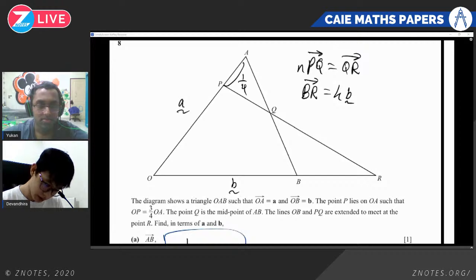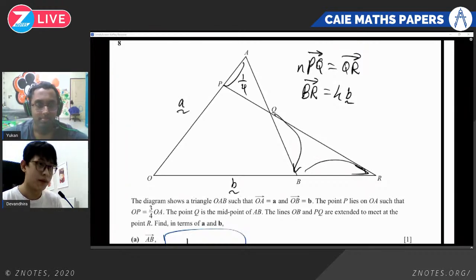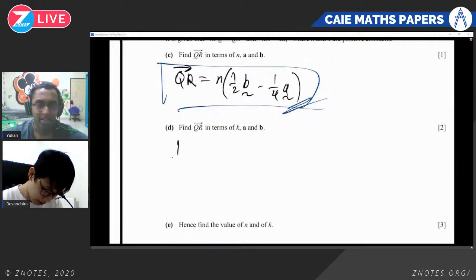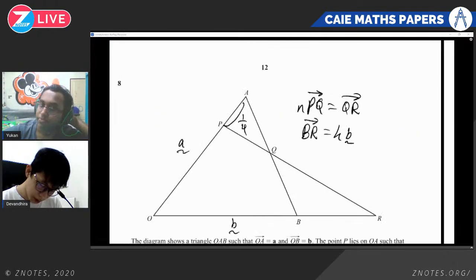So I can go from QB, then BR, correct? All right. And what's QB? QB is half of A to B, which is half bracket B minus A. Okay. What about BR?